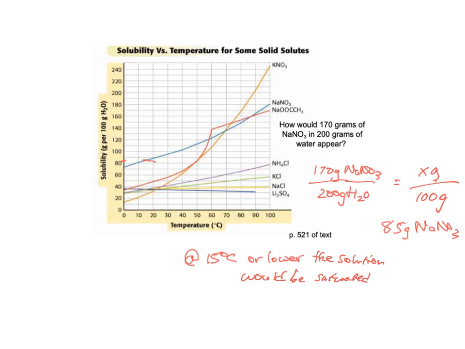However, anything greater than 15 degrees Celsius, we're going to have an unsaturated solution. So what that means, again, is that we can add more of that NaNO3. There's a lot more space for us to basically add more of that solute.